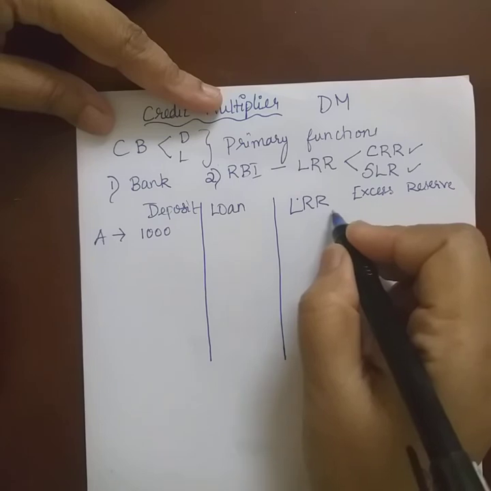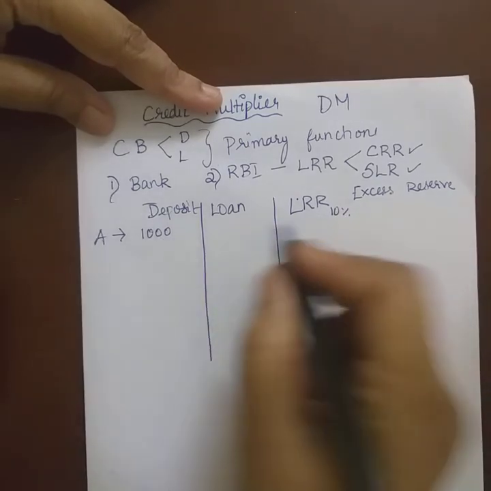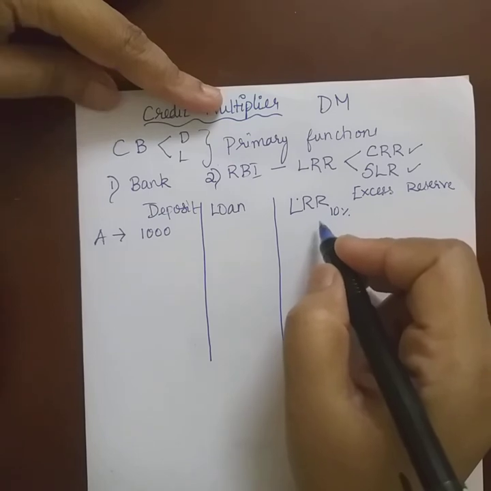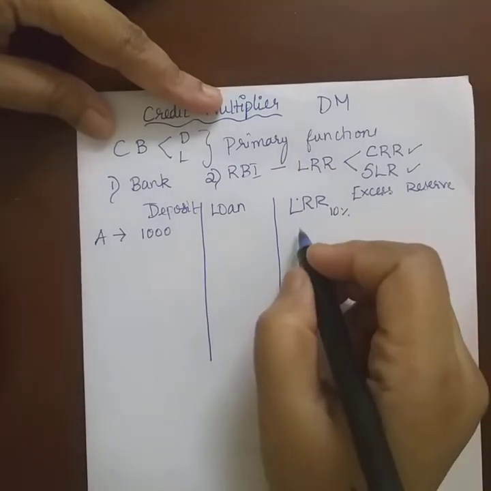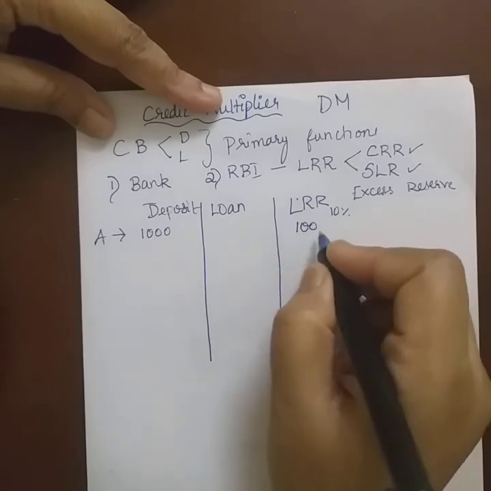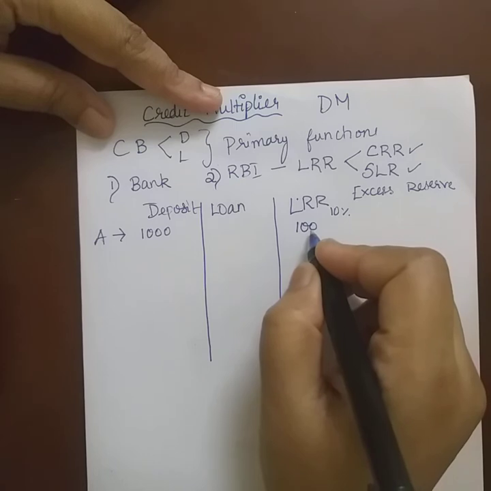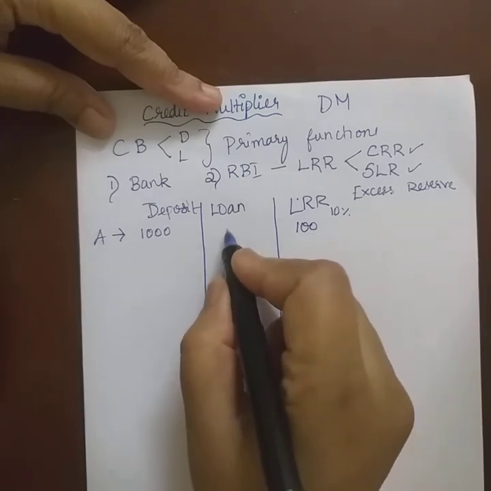Let's assume that 10% of the initial deposit is to be kept as LRR. So that means 10% of 1000 is going to be 100. So 100 will be kept as reserve. That would mean that the rest can be lent.